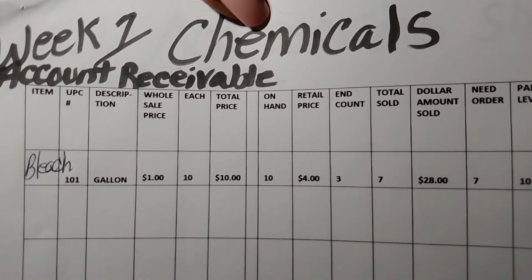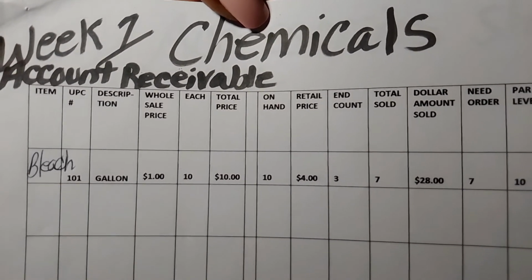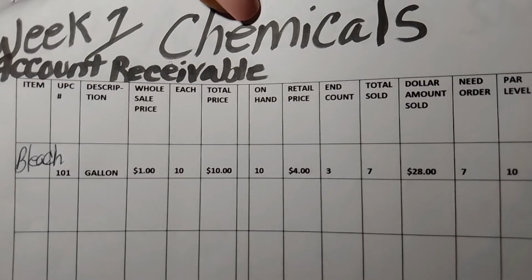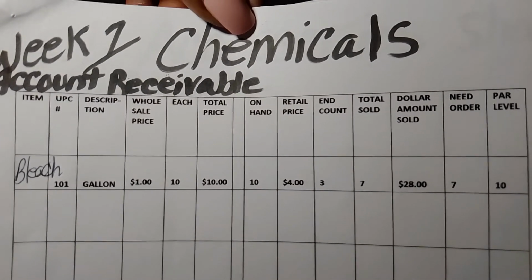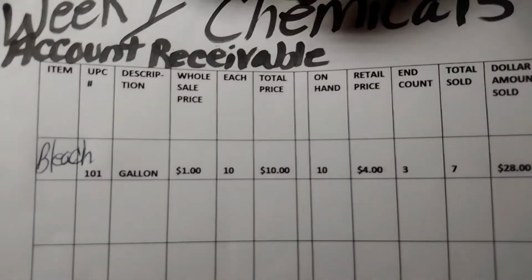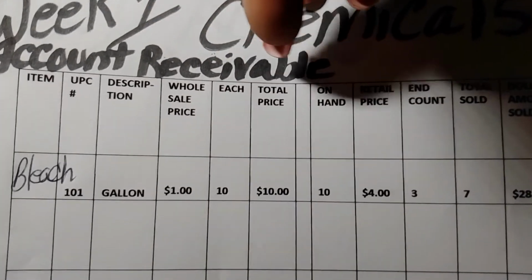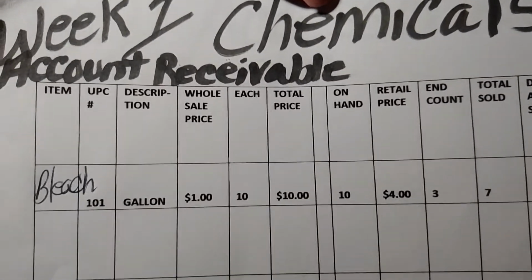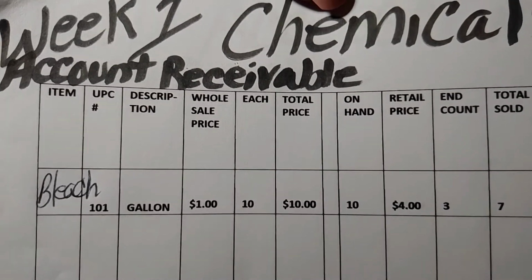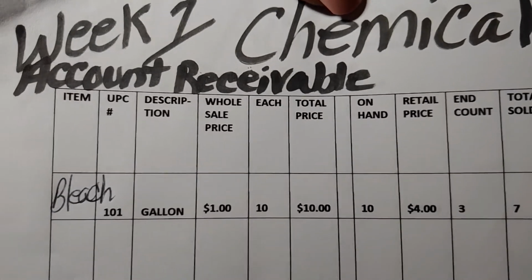And you see at the top, right there above the item, the UPC, the description, the wholesale, the total, I have accounts receivable, okay? Because that is what your vendor sent you.